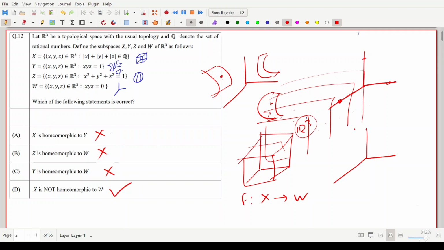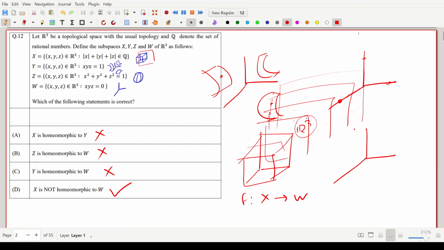So again they are not path connected if you take different cubes. If I am taking only one cube, that is okay. This is a good example to visualize, because here mod x plus mod y plus mod z belongs to Q. That is what they are saying. So it is not just one cube, it has so many cubes.